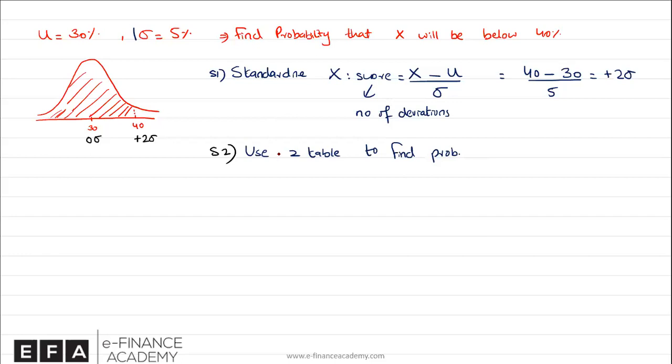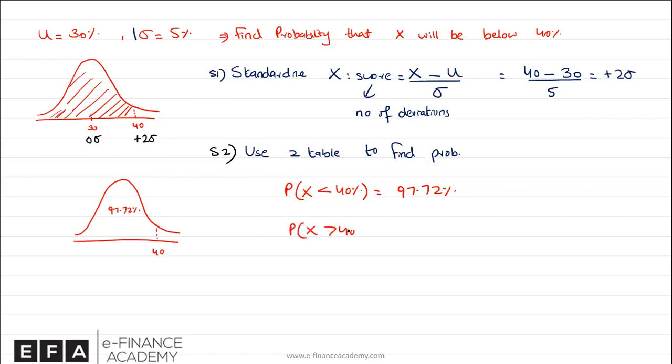All right, so the answer would be the probability that X will be less than 40 is equal to 97.72%. In other words, if X is 40, the probability that it will be less than 40 is 97.72%. Had the question been, what is the probability that X will be more than 40?